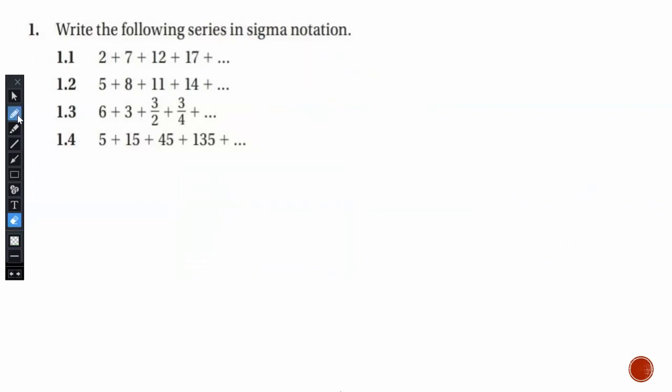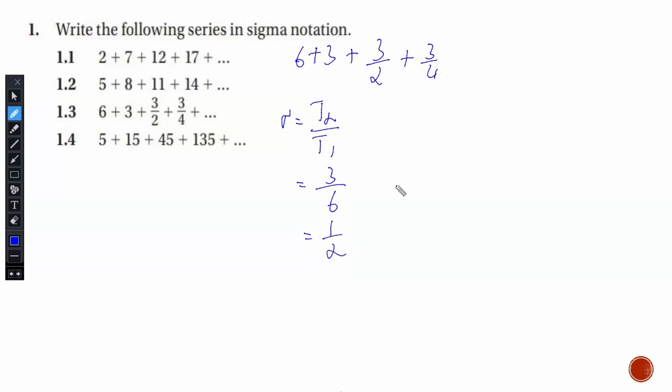Now we have 1.3. We are given 6 plus 3 plus 3 over 2, then plus 3 over 4. Right. Looking at this one, we can tell that this should be a geometric series, because if we find the common ratio, T2 over T1, this is going to be 3 over 6, which is 1 over 2.